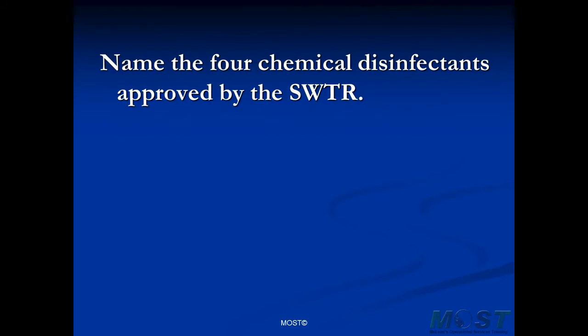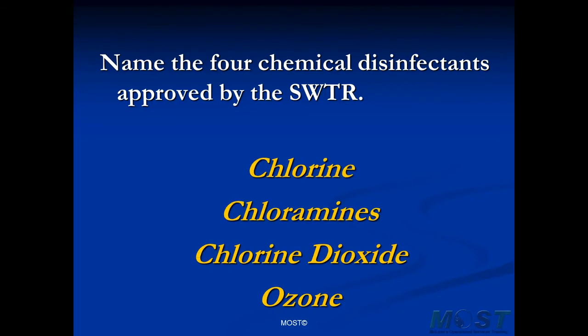Name the 4 chemical disinfectants that are approved by the Surface Water Treatment Rule. So to accomplish our second barrier, we can use any one or any combination of these 4 chemicals: chlorine, chloramines, chlorine dioxide, and ozone.